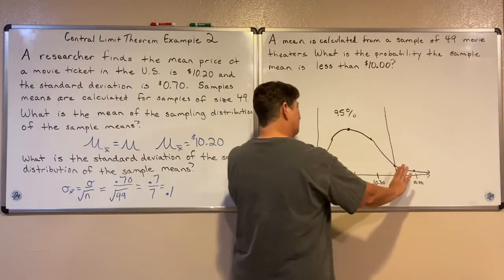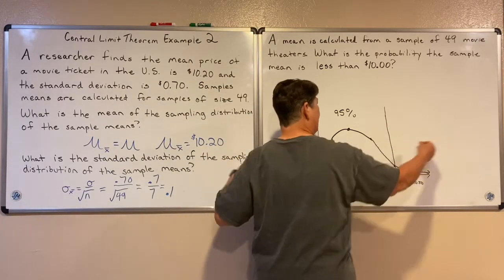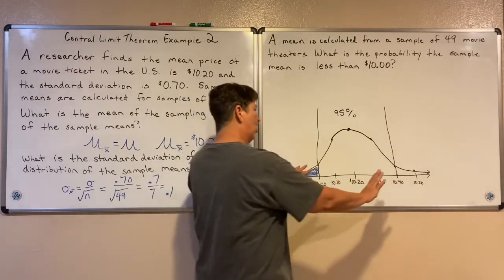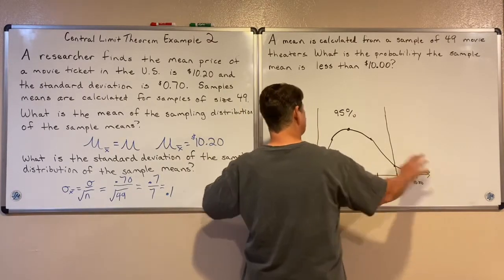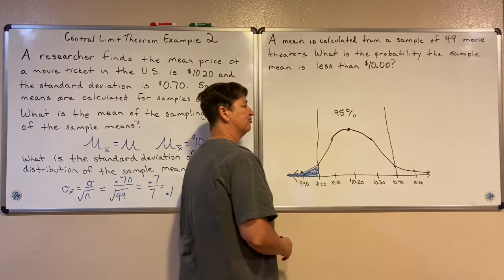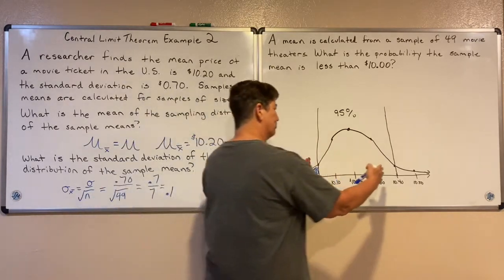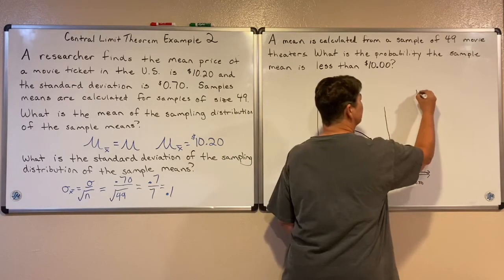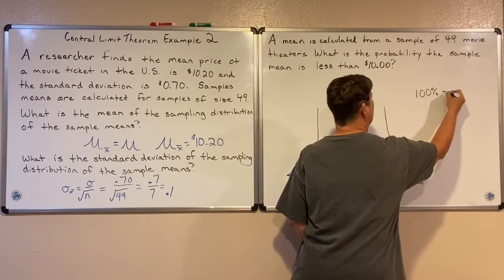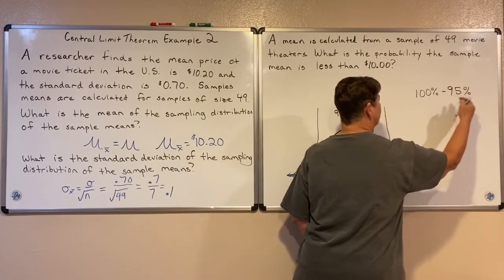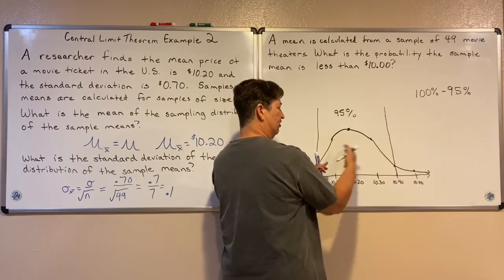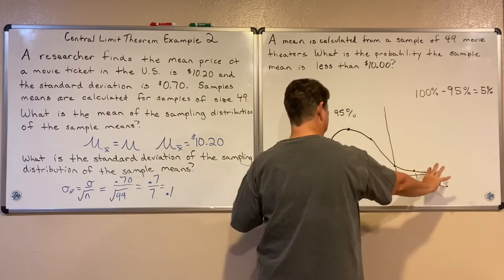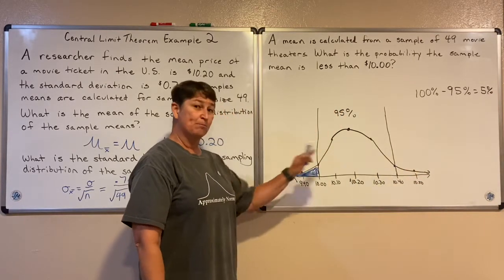Well, that means that since the whole distribution makes up 100% of our data, or 100% of the area under it, on the outsides, if we subtract off that 95%, then we have 5% on both ends. So I'm taking 100%, the entire distribution, and subtracting off the 2 standard deviations from the empirical rule to get the 5% on the ends. But notice I don't need both ends.